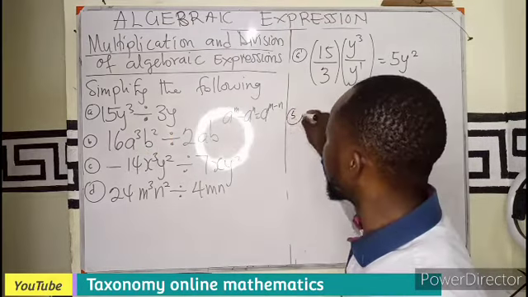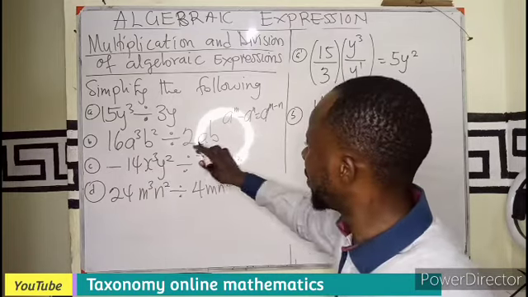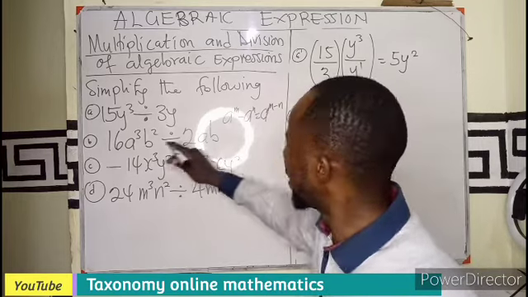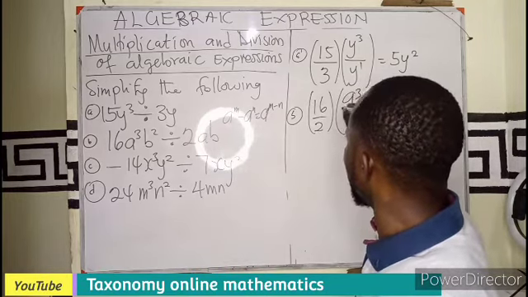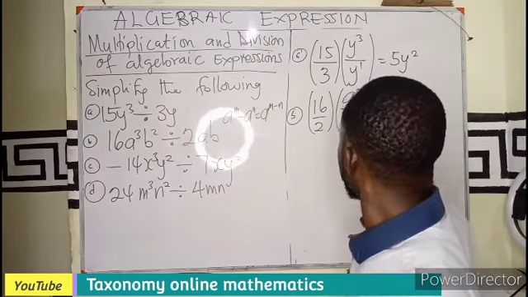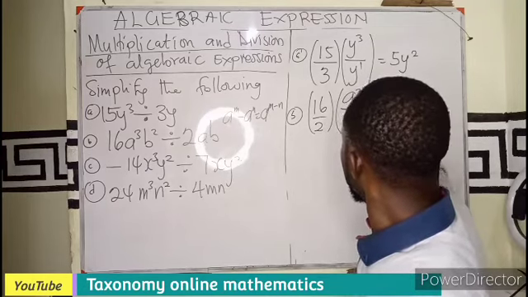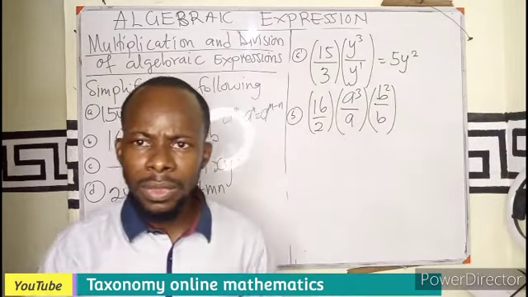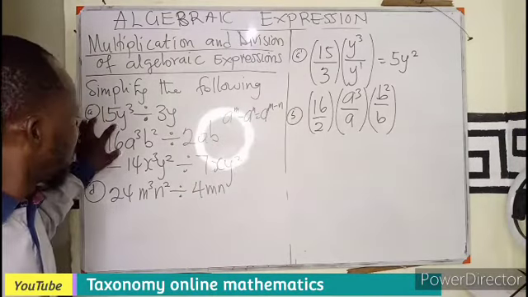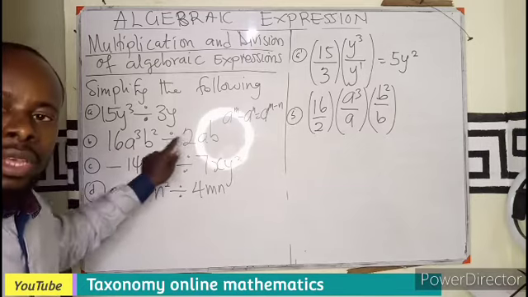Alright. Number 2. This is going to be 16 divided by 2 in one bracket, A exponent 3 over A in another bracket, the third bracket will be B squared over B. Taking the term one by one: constant, variable A together, variable B together.